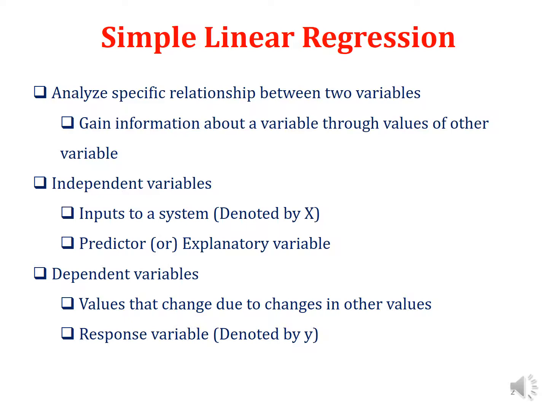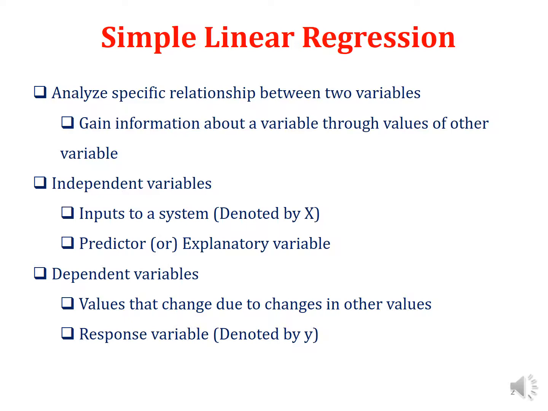The dependent variables are values that change due to changes in other variables. The independent variables don't change on account of any other variable, whereas the dependent variables change on account of other variables.